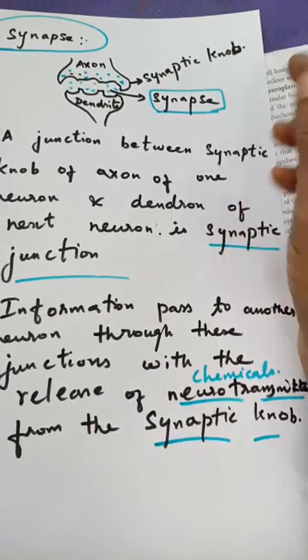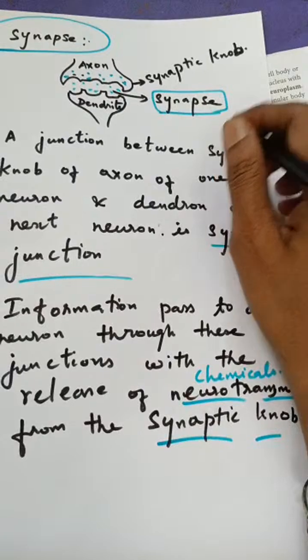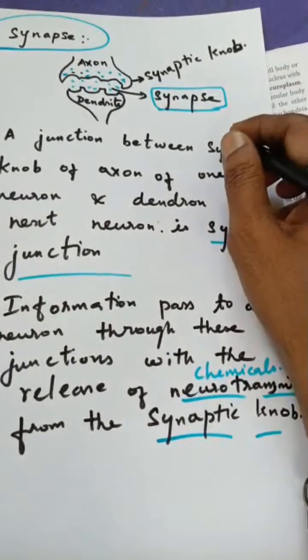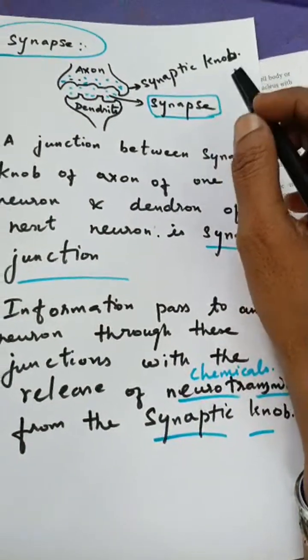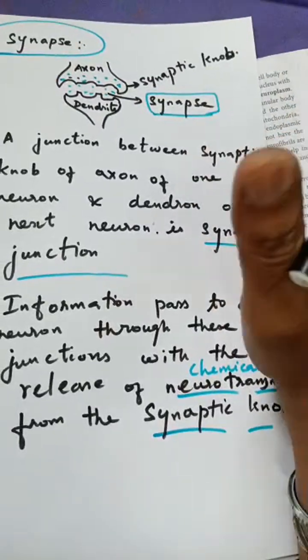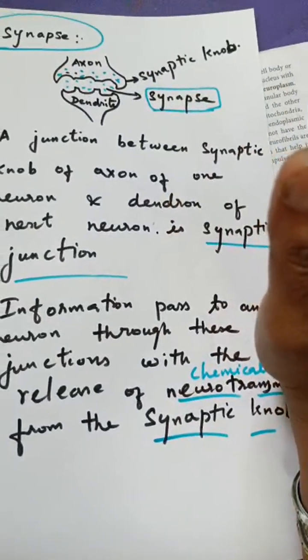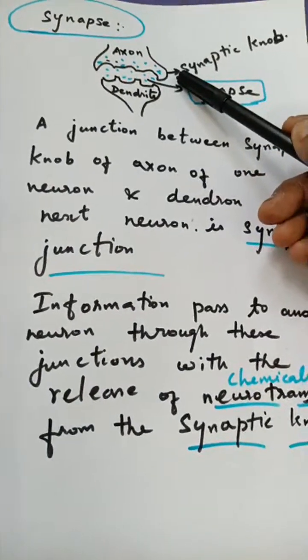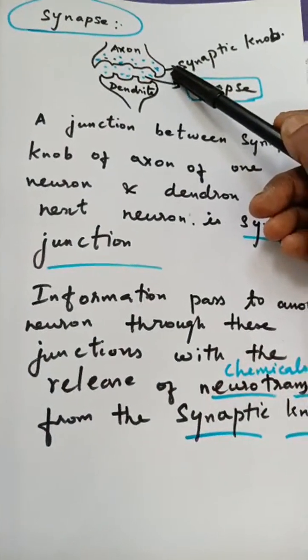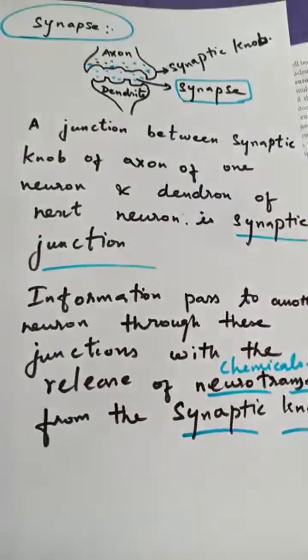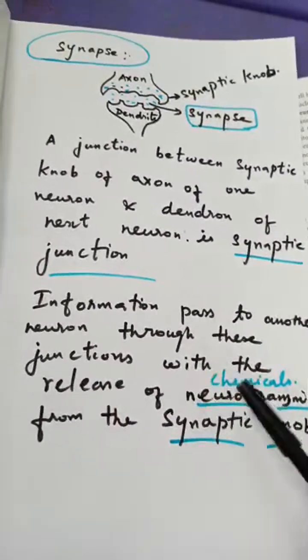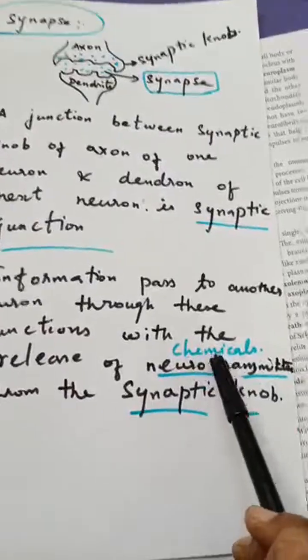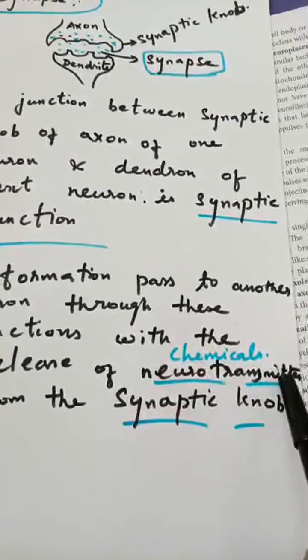Through our receptors, the signal is converted into chemicals, and these chemicals will move from one neuron to another neuron through this synapse only, through the nerve junction only. Clear? That is what is known as neurotransmission, and the chemicals are known as neurotransmitters.